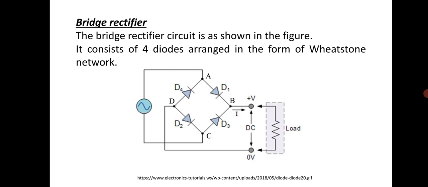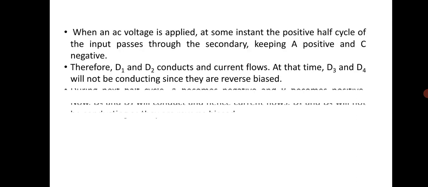Similarly, during the negative half cycle, diodes D3 and D4 conduct, and again you will get the voltage at the output. So in this way we get the full wave at the output.